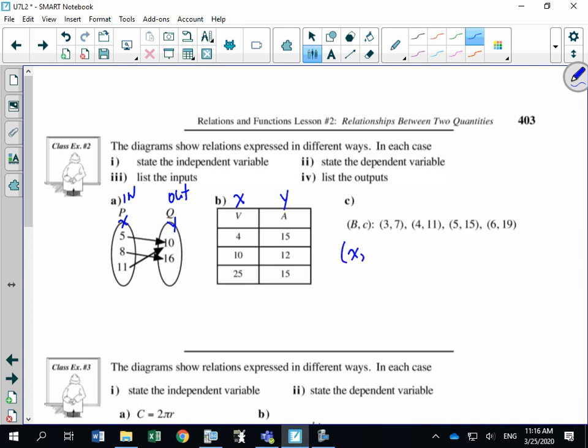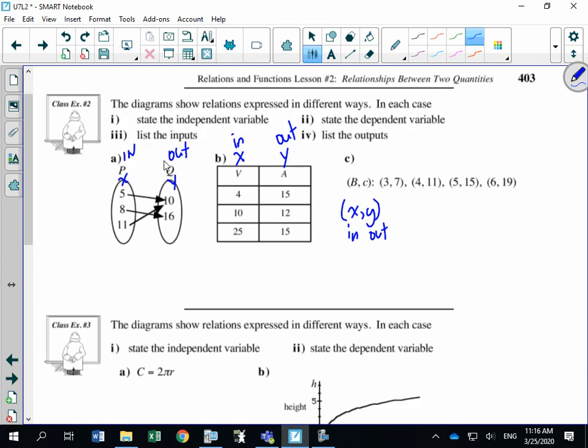It's always x, comma, y. So x is my input, y is my output. X is my in, y is my out. So if they want the independent variable here, the independent variable is letter P. The dependent variable is letter Q.